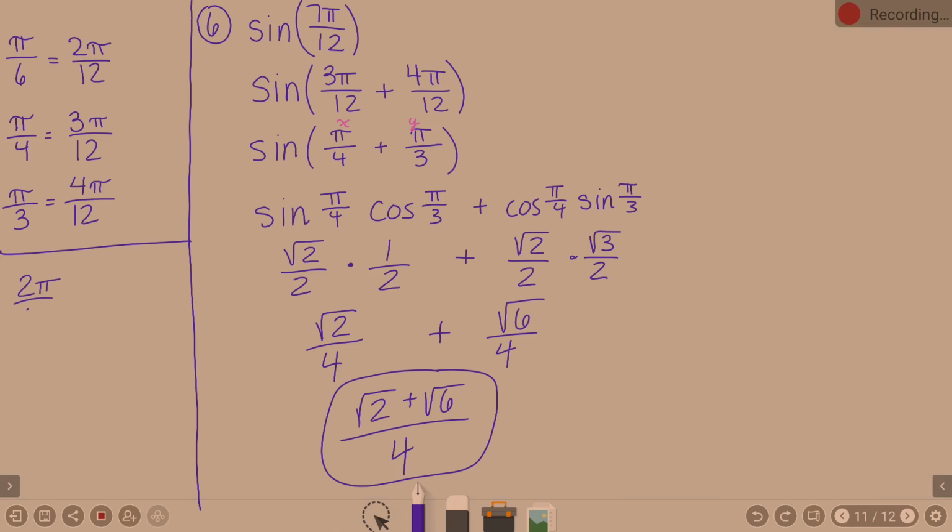When I talk about second quadrant angles, 2 pi over 3, 3 pi over 4, and 5 pi over 6. In other words, you're trying to get a number like 10 pi over 12 or 11 pi over 12. Well, I can't get 2 of my first quadrant angles to add to 11 twelfths, can I? But if we transfer these to 12ths, you can here.